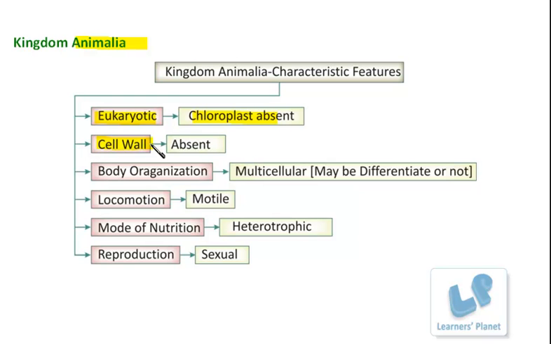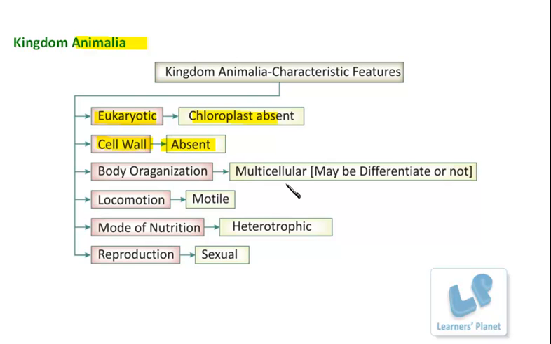I know you must be knowing the basic differences between the plant cell and the animal cell. Fine. So we will not concentrate much on that, but the important things are to be mentioned here. In the case of animal cell, the cell wall is absent. So definitely the outermost boundary is the plasma membrane, which is not the case in the plant cell. Over there, of course, plasma membrane is present, but it is surrounded by the cell wall made up of cellulose.